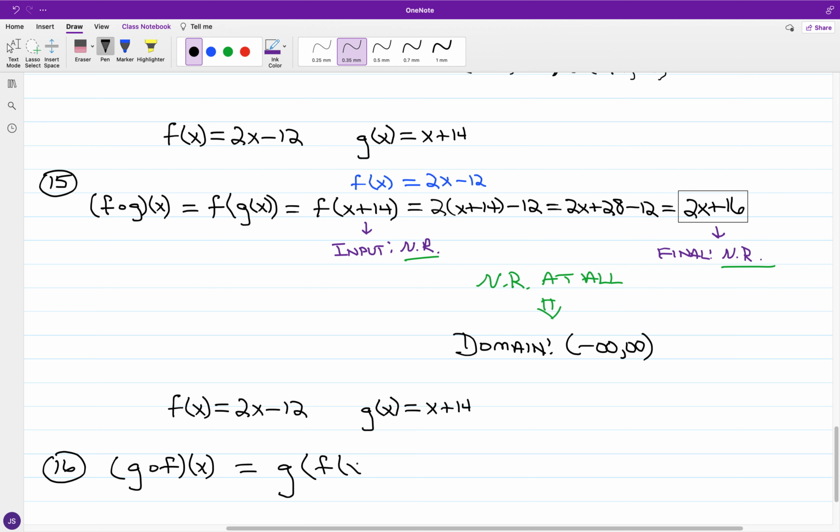So we have g of f of x. Now we have f of x as the input function. So we have g of 2x minus 12.